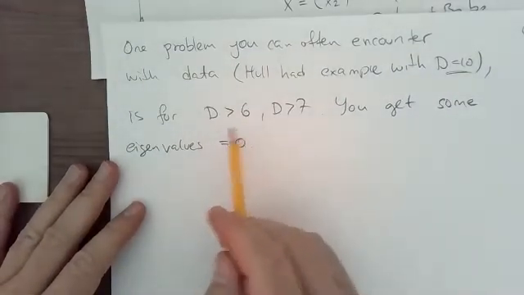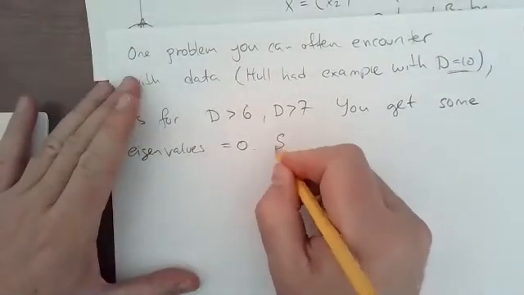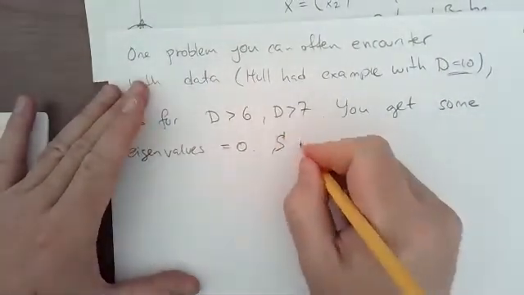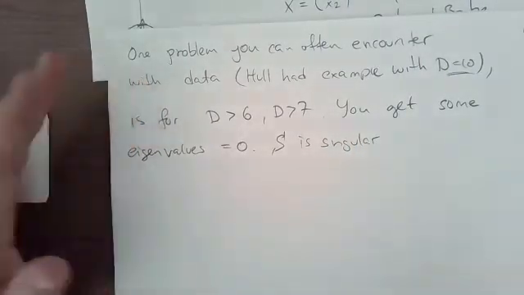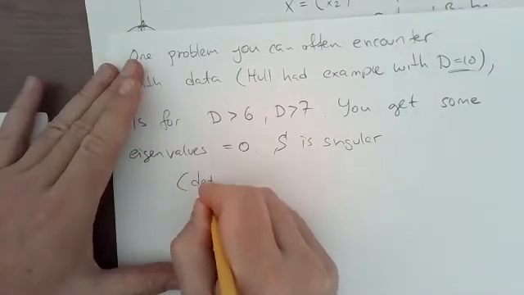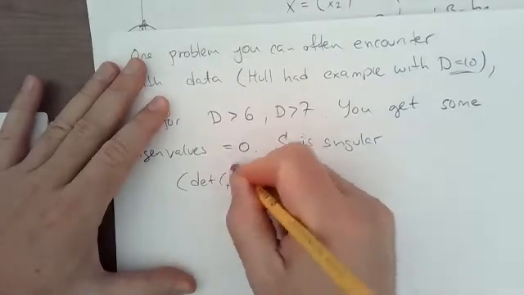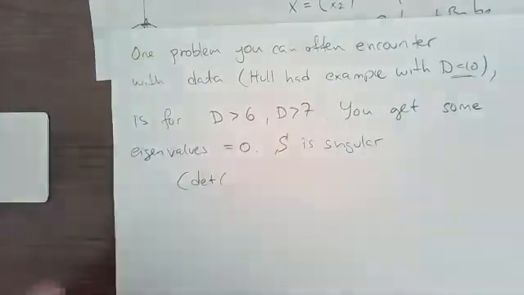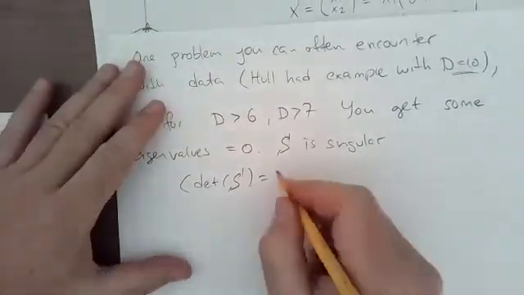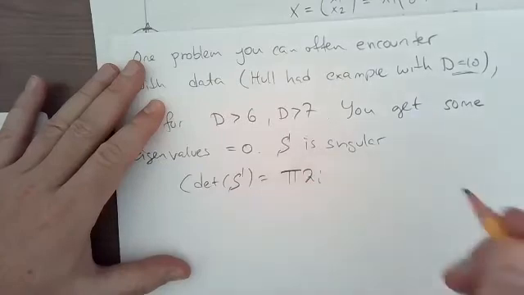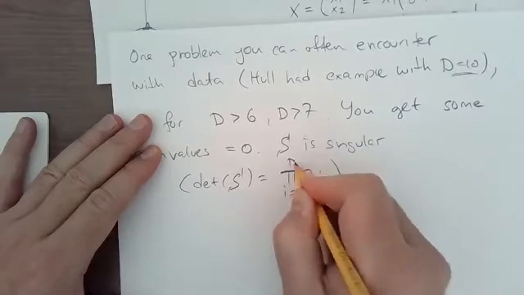My experience is that when you get to around 6 or 7, that matrix S is singular, because the determinant of S is just the product of these eigenvalues, so it becomes 0.